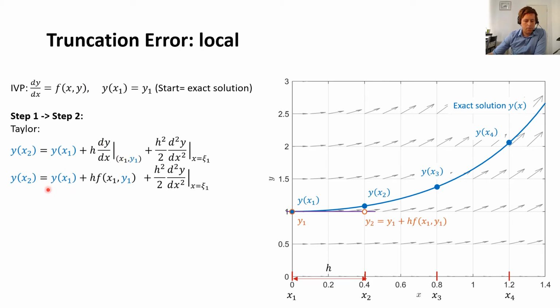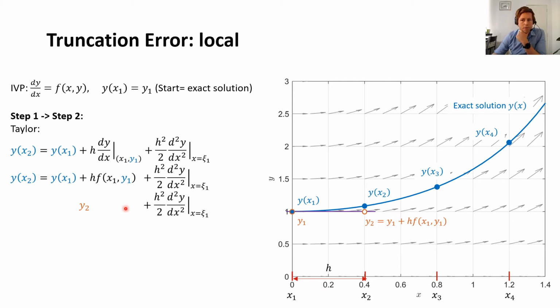And now we can recognize that the first two terms in the right-hand side of this Taylor series expansion are simply equal to the numerical approximation that we obtain in an explicit Euler formula. And that's also what we observe over here. We see that this is equal to y2.